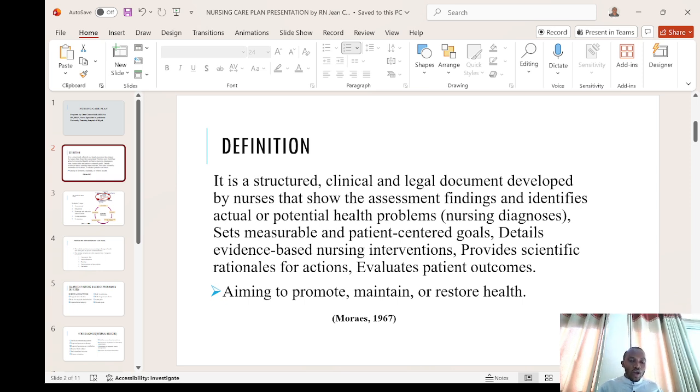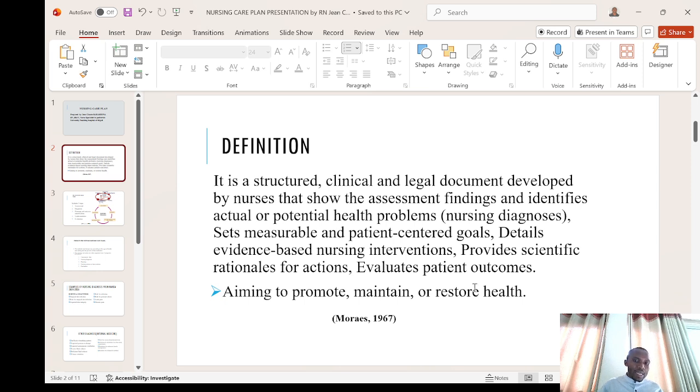It's a structured clinical and legal document developed by nurses that shows the assessment findings and identifies actual or potential problems. You then show the nursing diagnosis after listing these assessment findings, and then set measurable and patient-centered goals. After setting these goals, you show detailed evidence-based nursing interventions, provide the scientific rationale for these actions, and then later you show an evaluation of your set objectives.